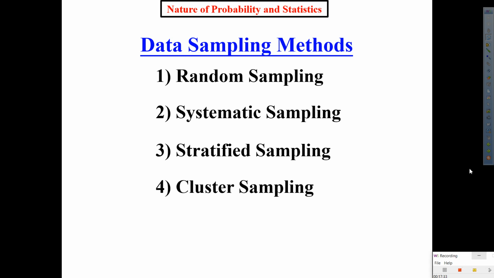When collecting data samples, the 4 most common are random sampling, systematic sampling, stratified sampling, and cluster sampling.